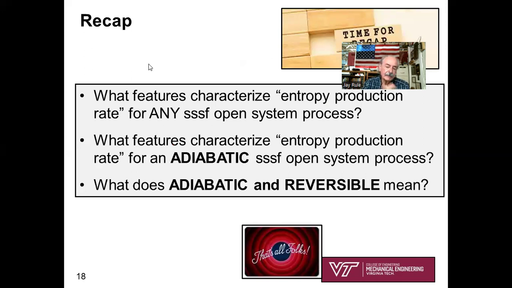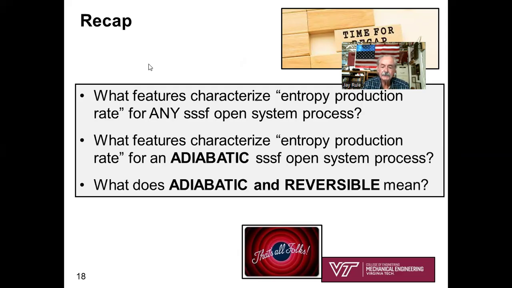Okay, we've covered pretty clearly entropy production rate for an open system undergoing a steady process. So what features characterize entropy production rate for any steady state, steady flow open system? You've got to look for heat transfer. You've got to know the temperature at which the heat is being transferred into or out of. And you've got m dot times entropy changes.